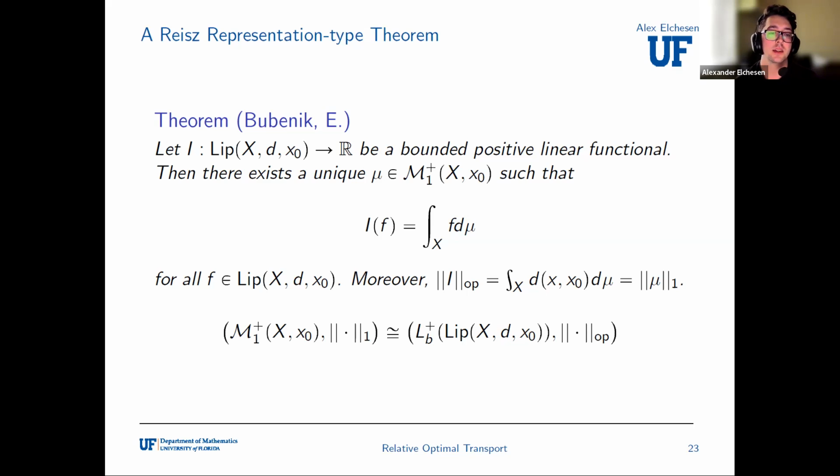So the object you get is a normed semi-vector space. And so this theorem is saying that the normed semi-vector space of positive Radon measures is isometrically isomorphic to this space of bounded positive linear functionals on Lipschitz functions with the operator norm.